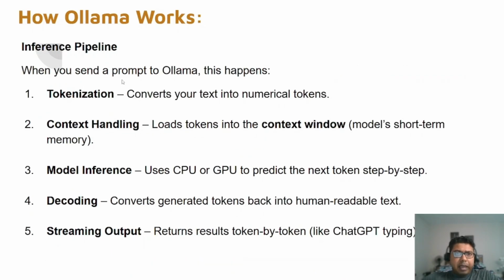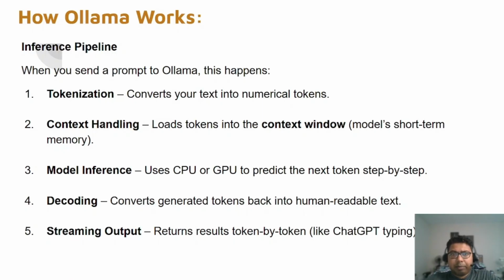Now, the inference pipeline: what happens in it, and how does it work? The first thing is tokenization. Whatever we write or pass as a prompt to Ollama, it converts into tokens through the tokenization process.